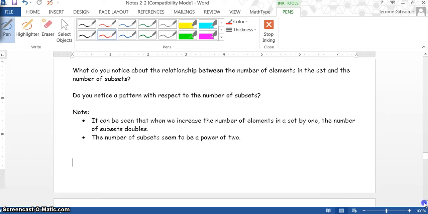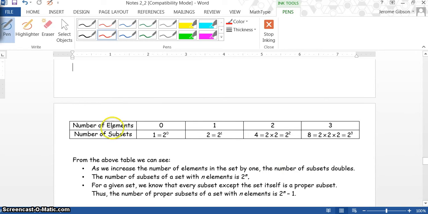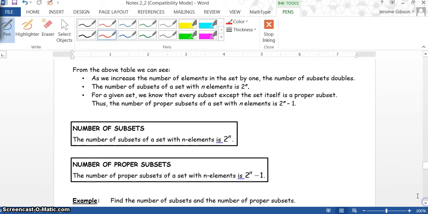Now, it's shown more graphically here, the number of elements, like I showed you, 0, 1, 2, and 3. We take 2 to the power of the number of elements, and that gives us our number of subsets. Now, it says from the above table we can see as we increase the number of elements in a set by 1, the number of subsets doubles.